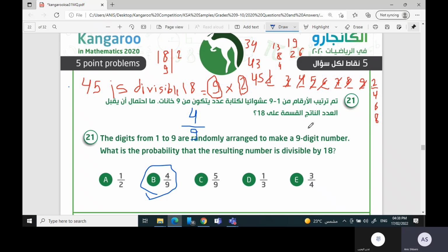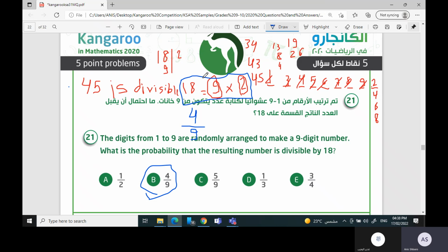I'm going to repeat it fast because we need time for the next one. It's a hard question. So the digits from 1 to 9 are randomly arranged to make the 9-digit number. What is the probability that the resulting number is divisible by 18? So any number divisible by 18, we have to remember that 18 is equal to 9 multiplied by 2. So a number divisible by 18 should be divisible by 9 and divisible by 2 at the same time.